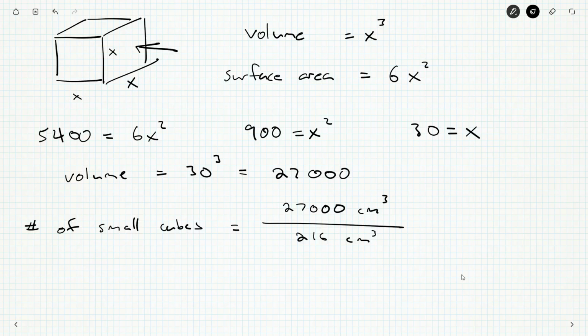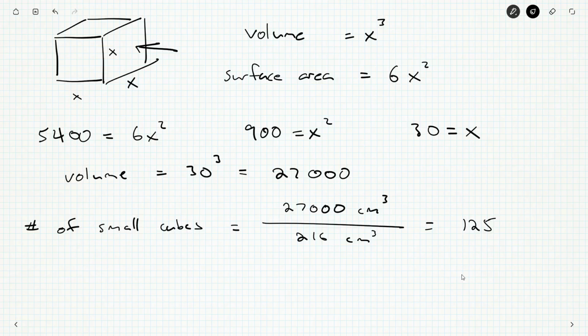We divide them up into groups of 216, so we can get out our calculator and calculate this out. You're going to get I think 125 smaller cubes. I'll just very quickly grab my calculator. And 27,000 divided by 216. Yeah, 125, I was right.